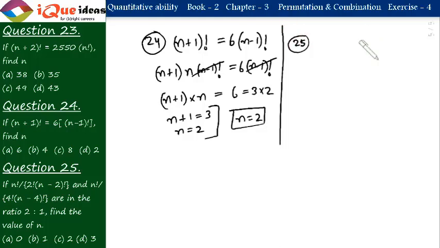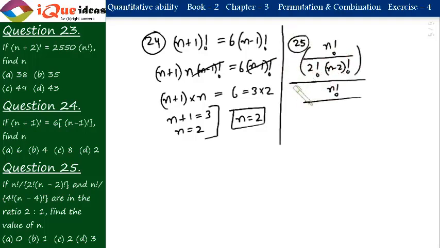It says n factorial upon 2 factorial into n minus 2 factorial and n factorial upon 4 factorial into n minus 4 factorial are in the ratio 2:1. Find the value of n. Let me put it this way: n factorial divided by 2 factorial into n minus 2 factorial, whole divided by n factorial upon 4 factorial into n minus 4 factorial.